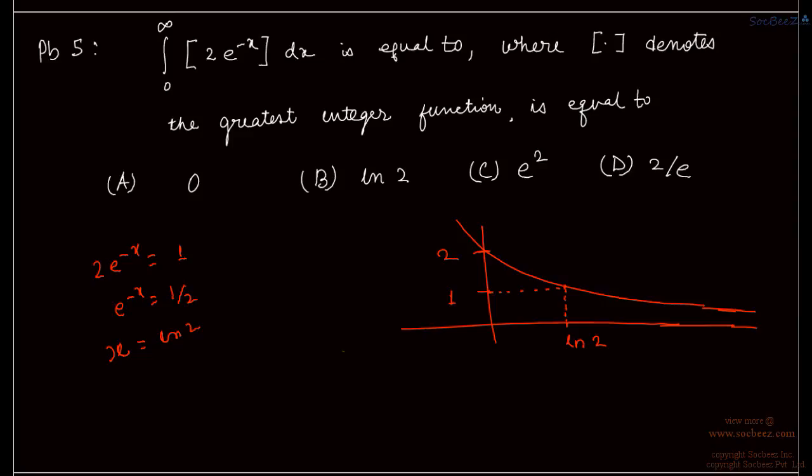Now 2 e to the power minus x is between 1 and 2 when x is between 0 and ln 2, right? And after that it is between 0 and 1 when x is greater than ln 2.